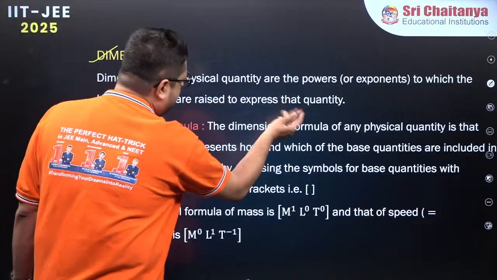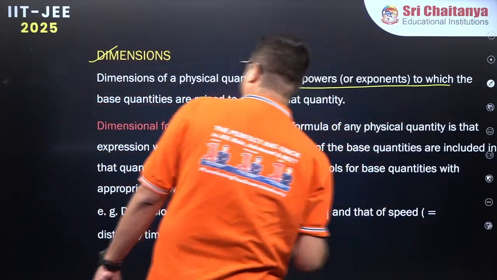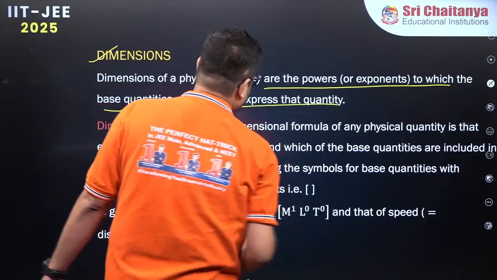Dimensions of a physical quantity are the powers or exponents to which the base quantities are raised to express that quantity.